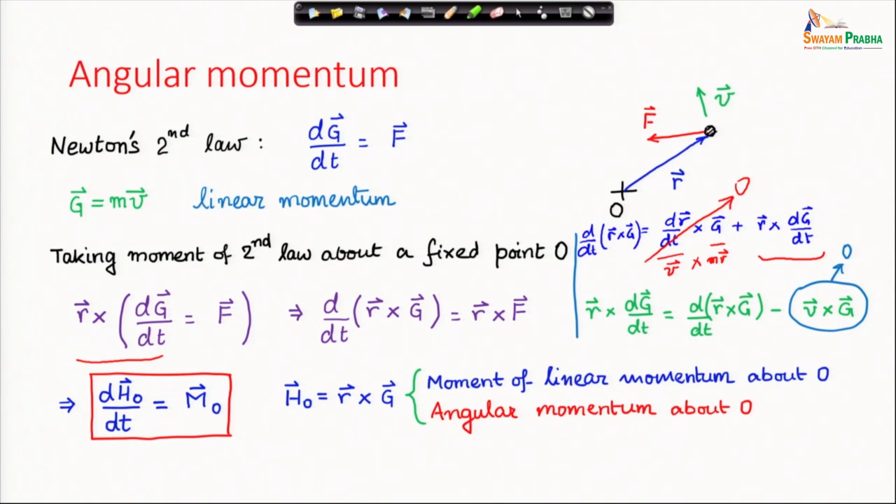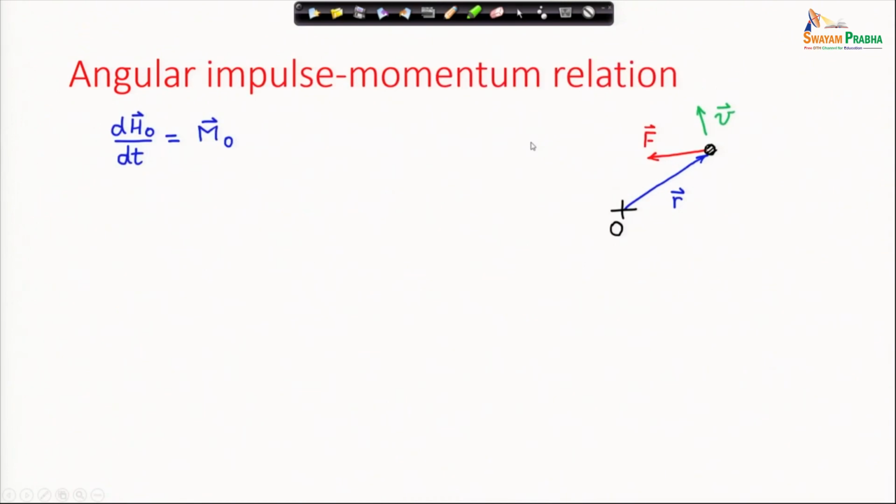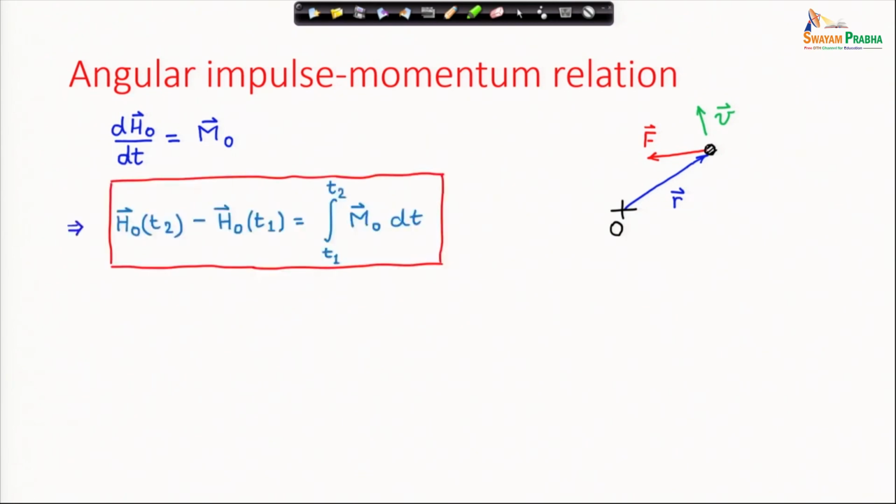It is very important now to attach the point about which you have taken the moment. So this is angular momentum about O, or moment of linear momentum about O. We will use this notation H for angular momentum. Thus, the rate of change of angular momentum is equal to the moment about O.